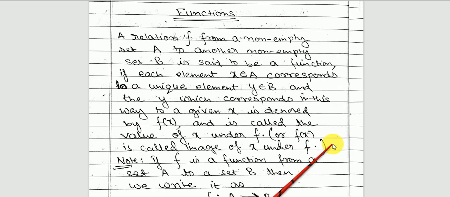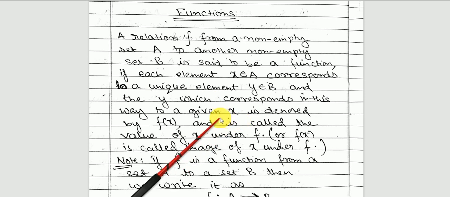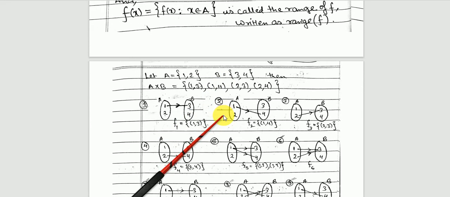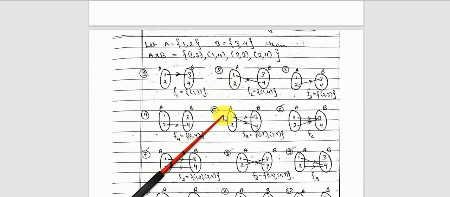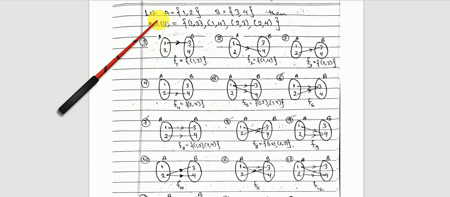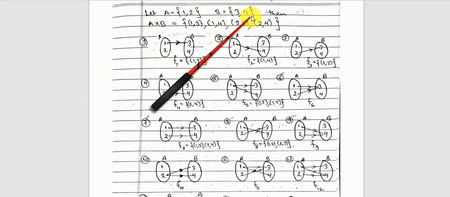Let us try to understand the definition by these examples. Here you can see that I have taken a set A which contains two elements 1, 2 and B which contains 3, 4.